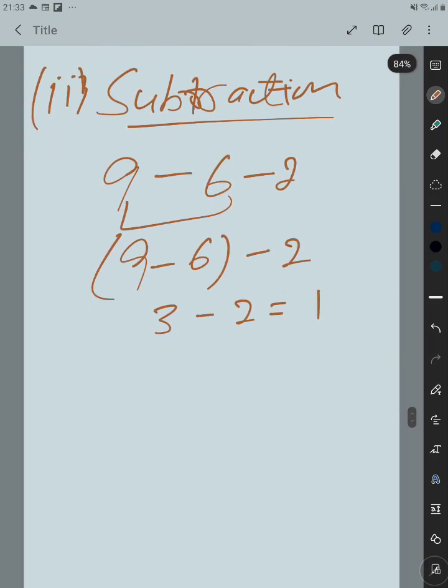Now if we change this association, 9 minus the bracket of 6 minus 2, what will be the answer here?